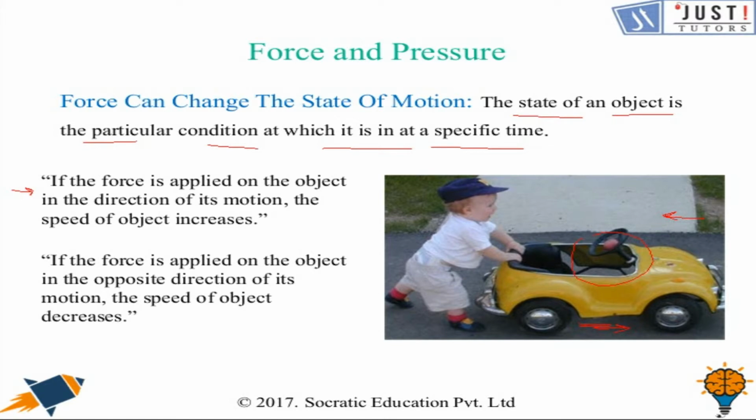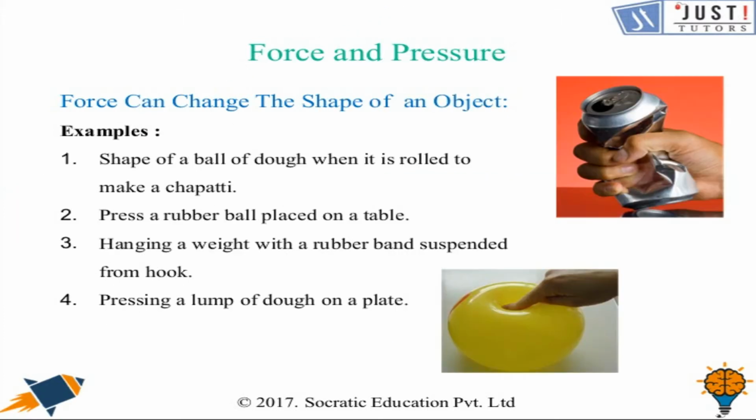A force acting on an object may change its speed, either increase the speed or decrease the speed to zero as well. So we can say that force can change the state of motion, and also change the direction and speed. It can make many changes. So let's move ahead and see what kind of next change there can be.